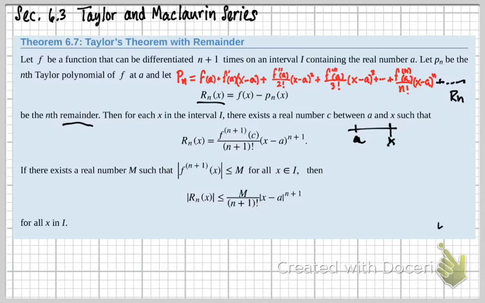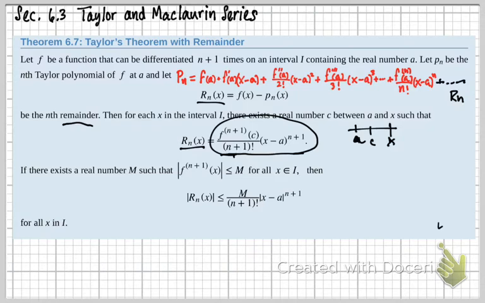There's my x, and c is between there somewhere, such that Rn equals this thing here, which is the n plus 1 term of the Taylor polynomial.